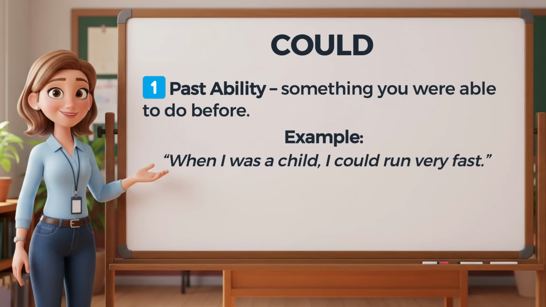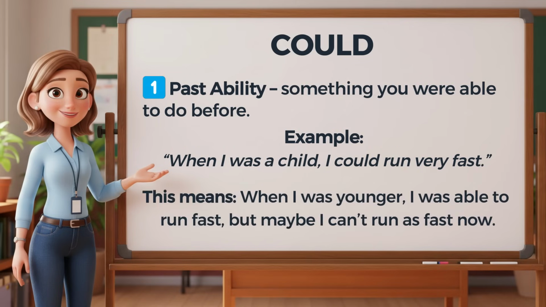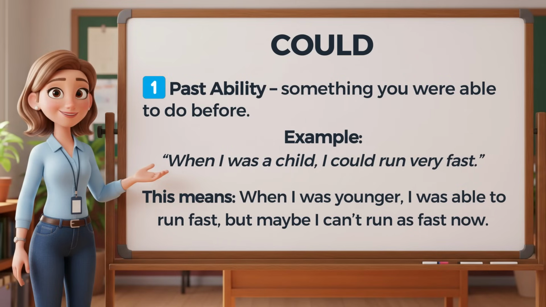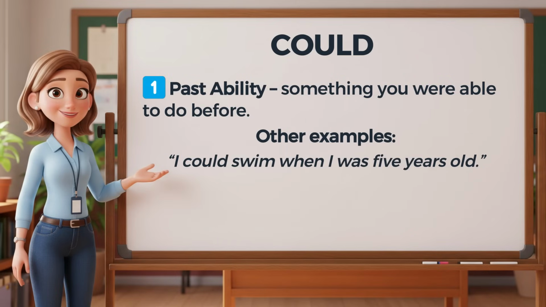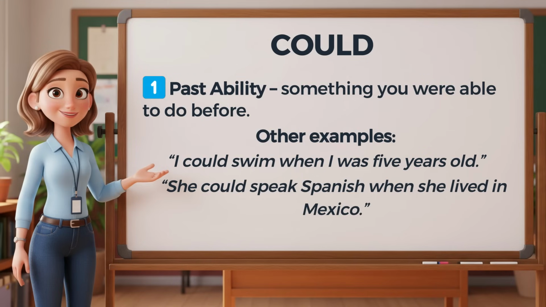Example: when I was a child, I could run very fast. This means when I was younger, I was able to run fast, but maybe I can't run as fast now. Other examples: I could swim when I was 5 years old. She could speak Spanish when she lived in Mexico.